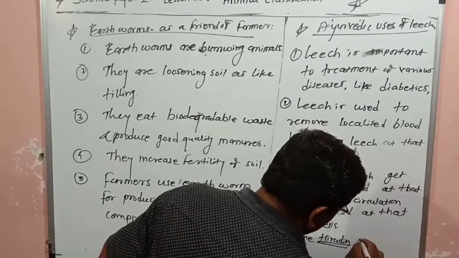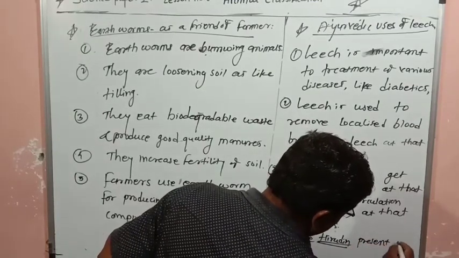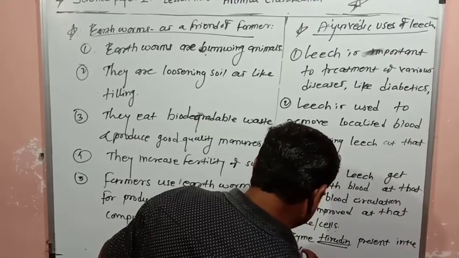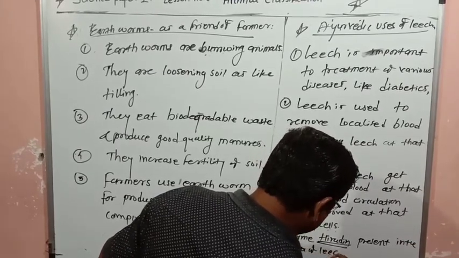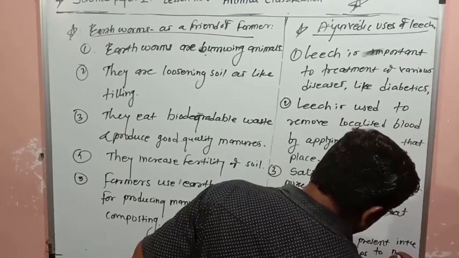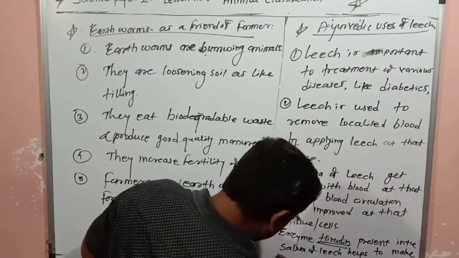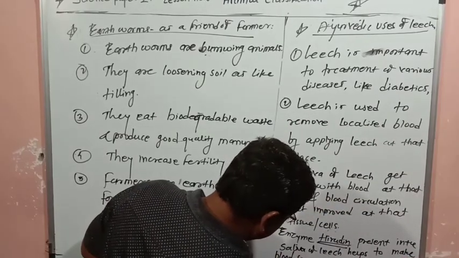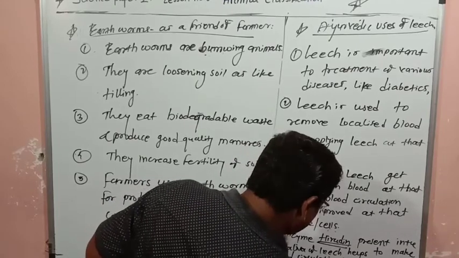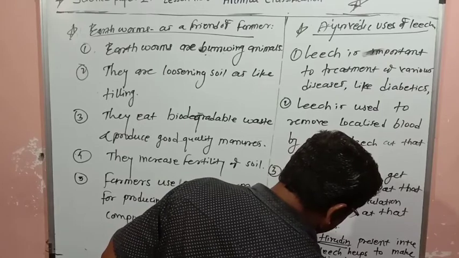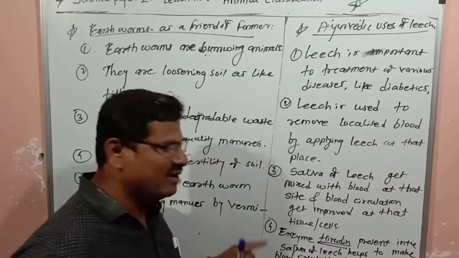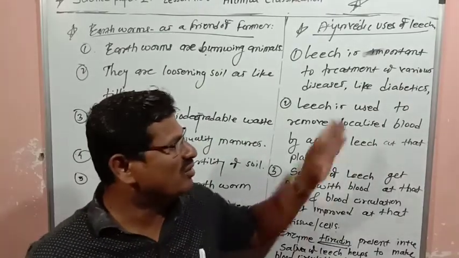Enzyme hirudin present in the saliva of leech helps to make blood circulation normal. So these are the advantages of leech.